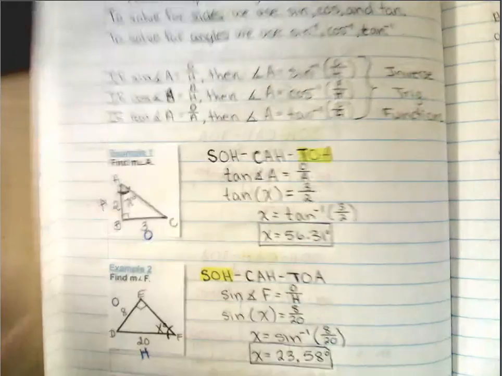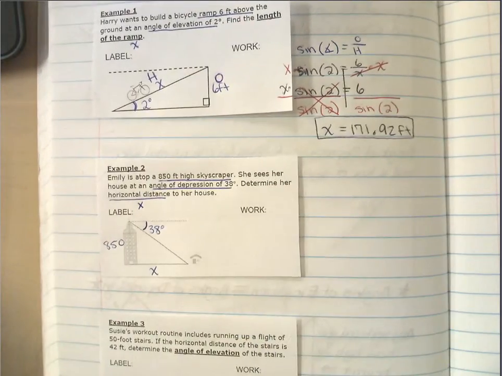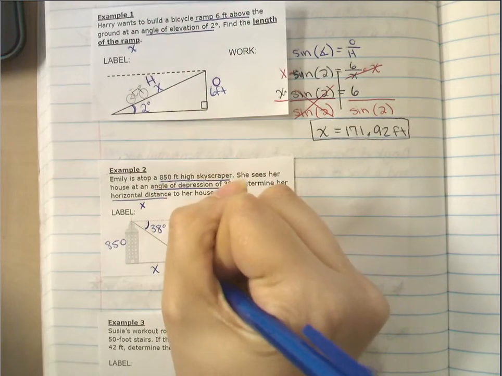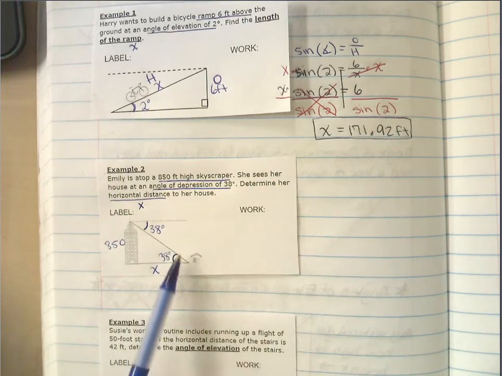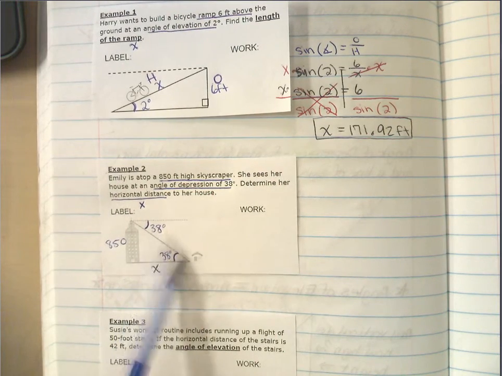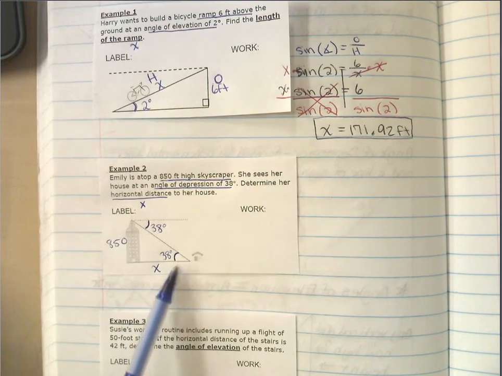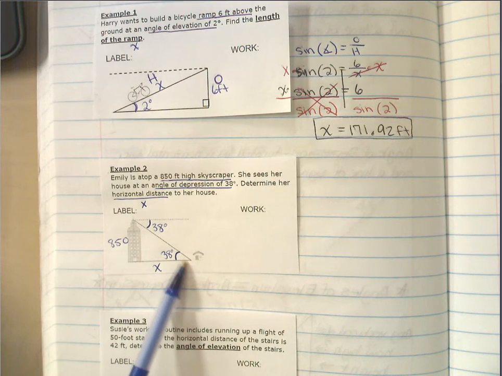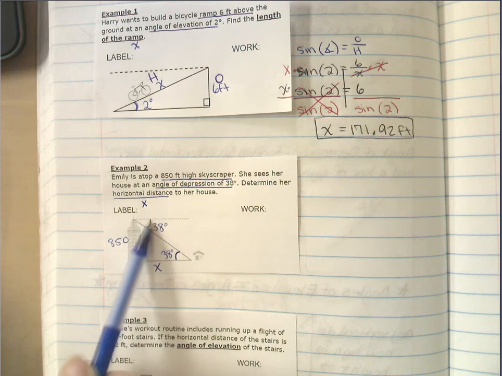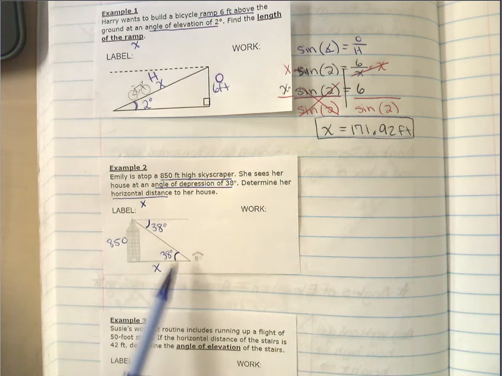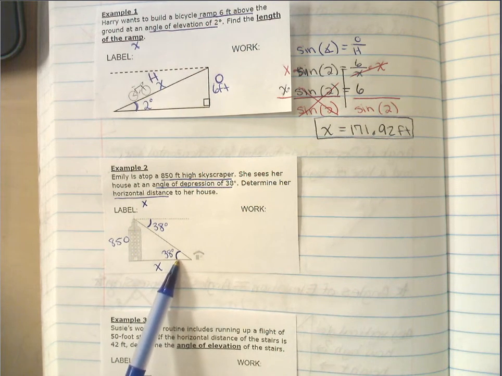So on my picture, I'm going to label this angle as 38 degrees because they're alternate interior, so they're the same, and this is now the angle of elevation. So now I'm going to ignore the 38 that I have outside. I cannot use it because it's outside. I'm going to work with the one that's inside of my triangle.